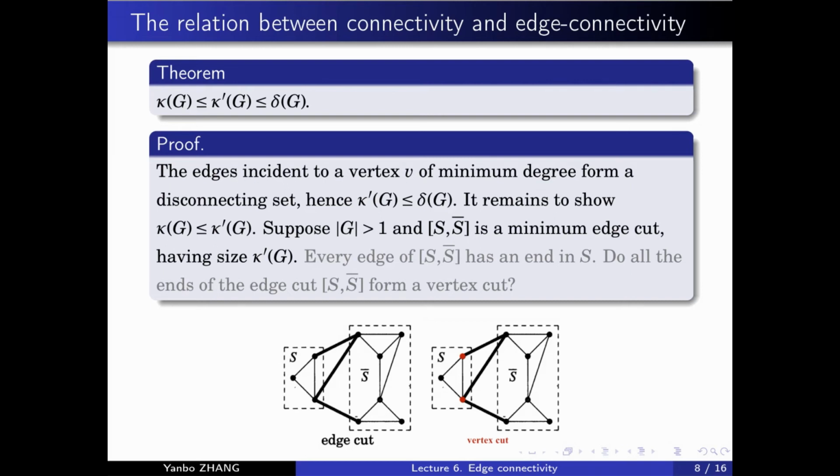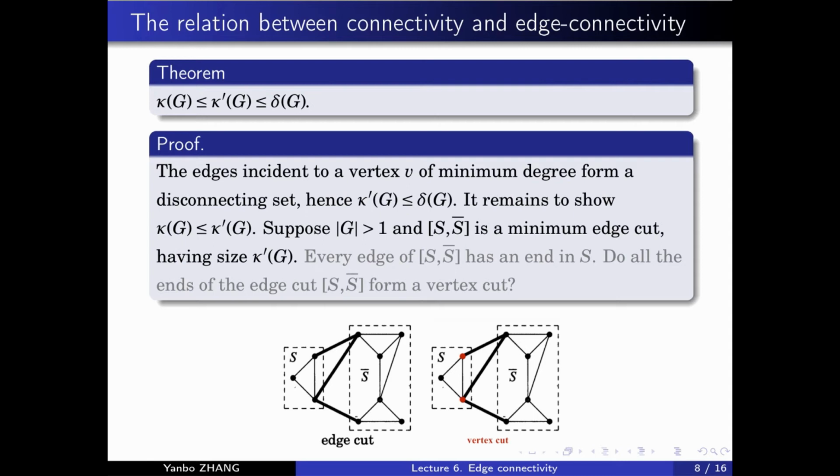This theorem tells us the relationship between connectivity, edge connectivity, and minimum degree. Kappa G is less than or equal to kappa prime G, which is less than or equal to delta G.